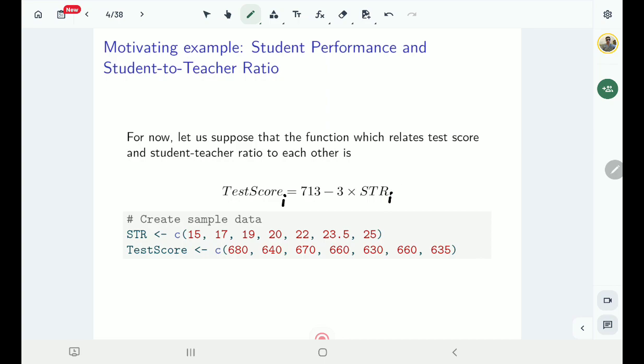Okay, i stands for school. So we say that the average test score at school i is in a perfect relationship with the student to teacher ratio. So the number of students divided by the number of teachers.